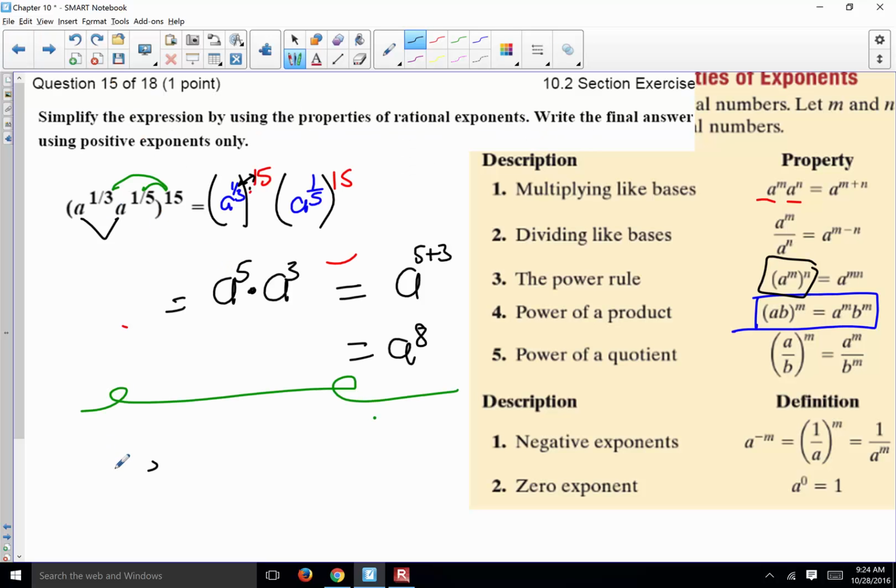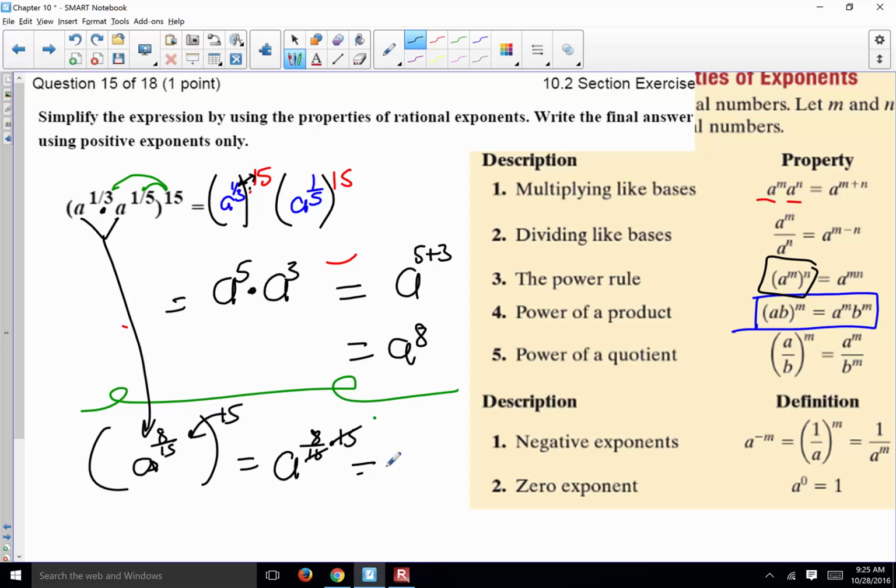So this inside is A to the 8/15. I just add them up. Add the tops up. I actually multiplied them. And then we pass this in by multiplication. And they cancel. And we get the same result. A to the 8 again.